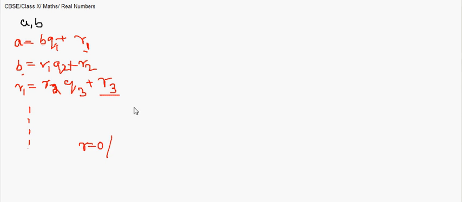These are the steps. First, you express the given two numbers in terms of Euclid's lemma. Then you continue these lemma steps till you get the remainder 0. Let me take up an example to make this explanation clear.